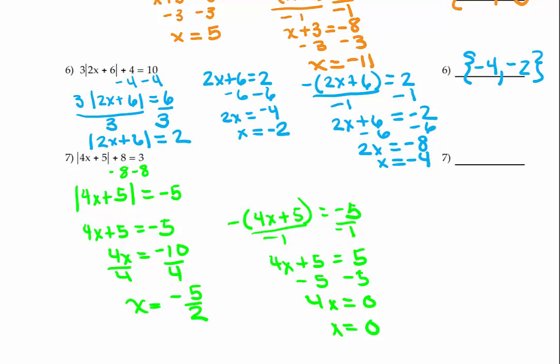That's because when I actually stop right here, this part right here is a false statement. I cannot have an absolute value equaling a negative. Since I cannot have an absolute value equaling a negative, my solution here is no solution.